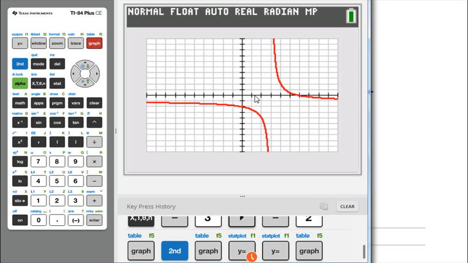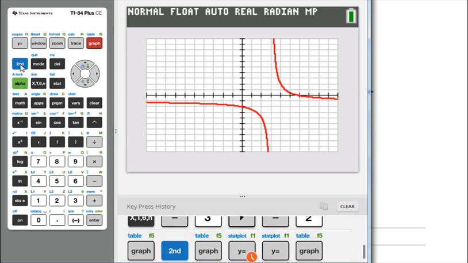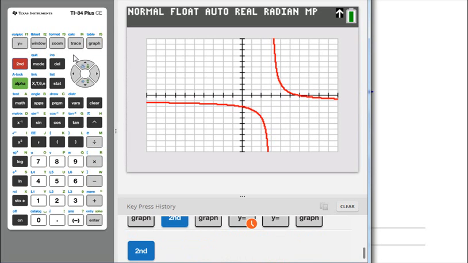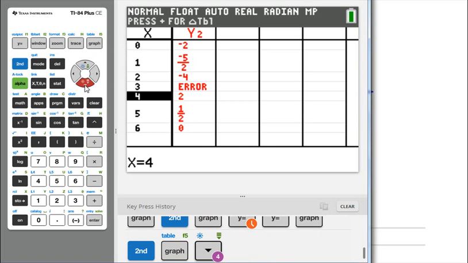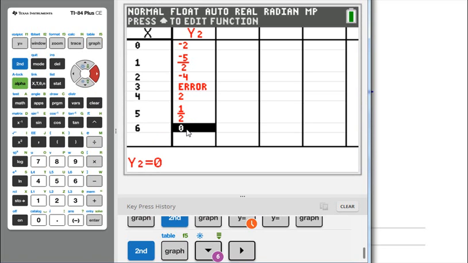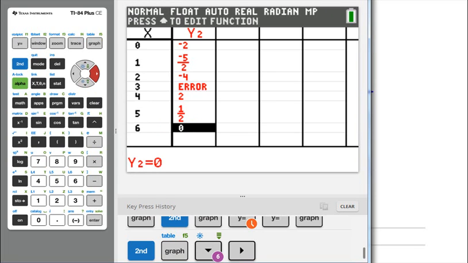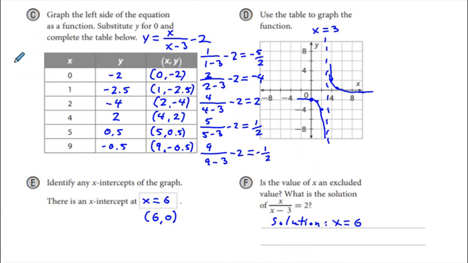And then over here to the right, 1, 2, 3, 4, 5, 6, the graph appears to touch or cross the x-axis, and we can verify using the table view. And down here at x equals 6, we can see we have an output value of 0, corroborating our answer here.